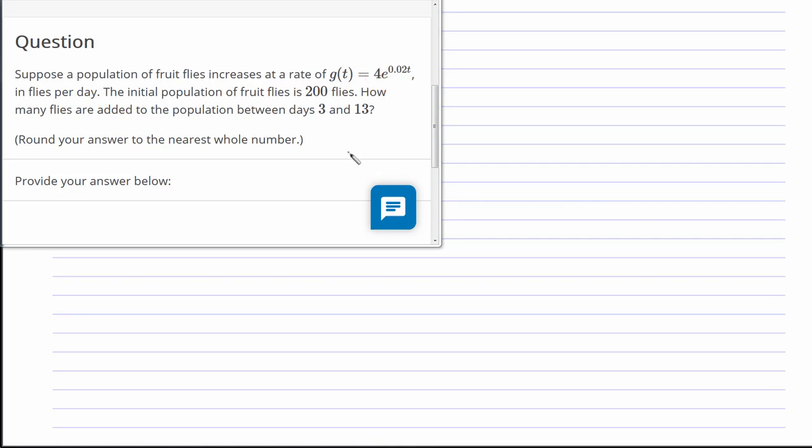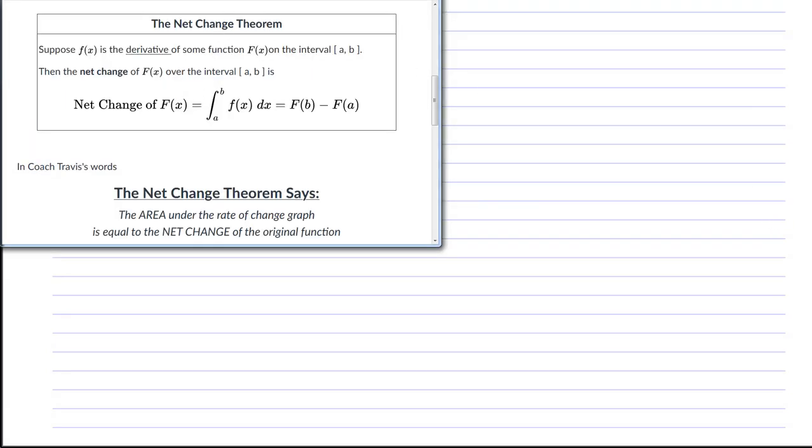So this is one of those problems where you have to take a rate and turn it into a total change. Whenever that happens, you should think that is a job for what we call the net change theorem.